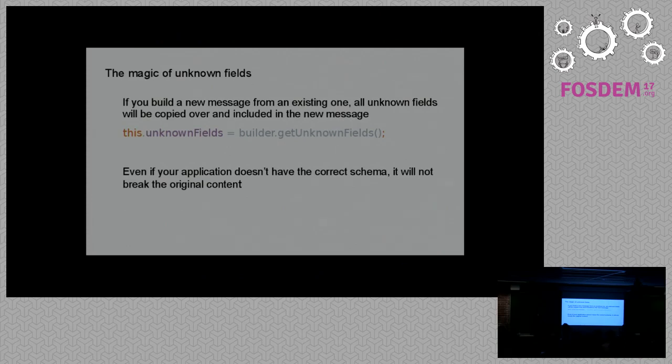You just put that message inside another message. You will take over all the fields and send it on, and you don't have to worry about breaking or destroying the original content. It will still be fully there.